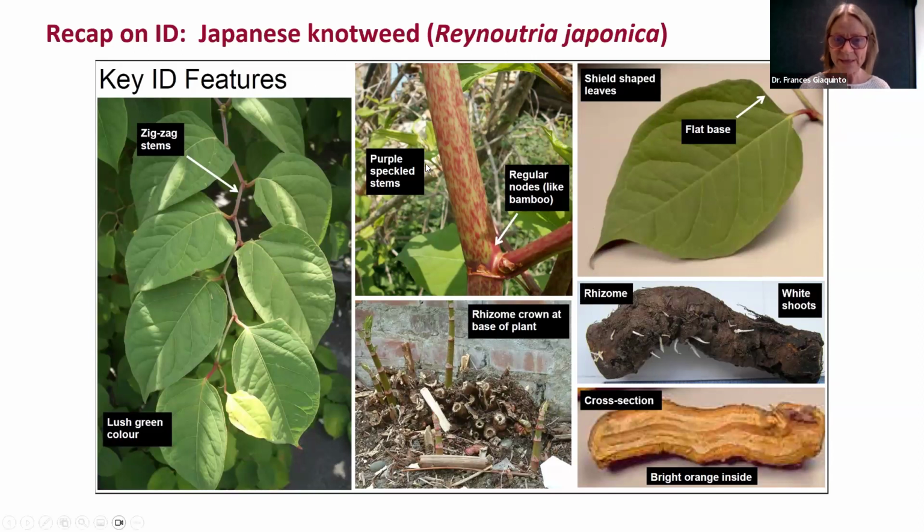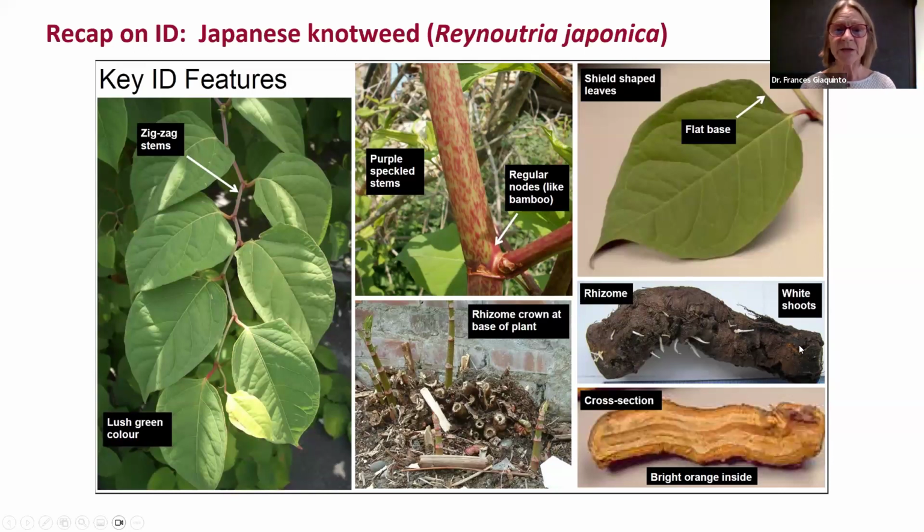Now, when the canes are young, they're often red flecked, and they have these distinctive nodes along the length. The other key feature about Japanese knotweed, and the reason it's a problem, is that it doesn't have a root system as such, but has these underground stems known as rhizomes. Here they are.